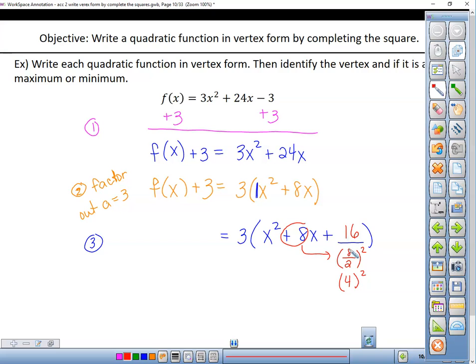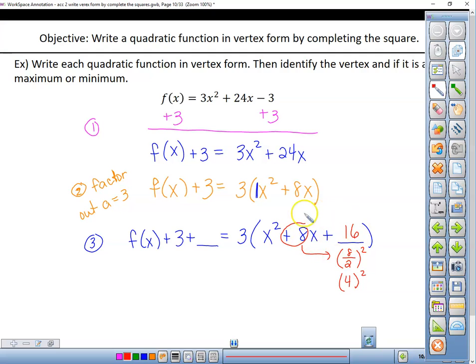The other thing we have to remember is that in algebra we always balance our equation. So the moment we added to this side, we have to figure out what to add to the other side to balance the equation. So we've got to figure out what to add after the f(x) plus 3 that will balance. And you have to realize it's not going to be that 16, because that 16 is inside parentheses. If we removed the parentheses and distributed the 3, we'd actually get 3 times 16, which is 48.